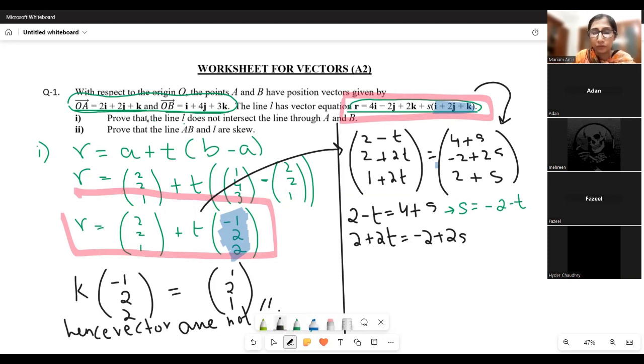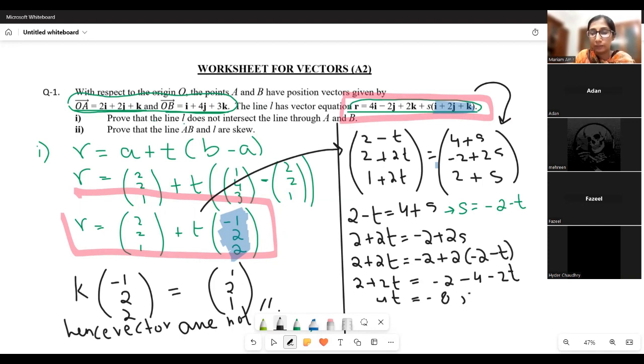Now I'm going to substitute that in the second equation. 2 plus 2t equals minus 2 plus 2 times (minus 2 minus t). So that will be 2 plus 2t equals minus 2 minus 4 minus 2t. So we get 4t here and we have minus 8 here, and I'm getting t equals minus 2. Did you guys get this as well?